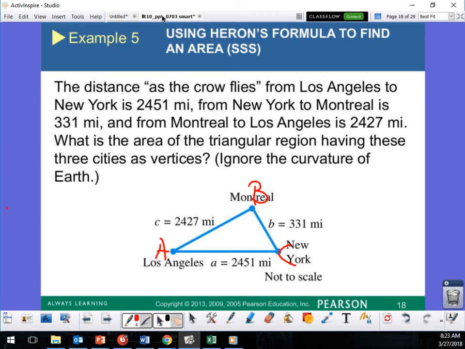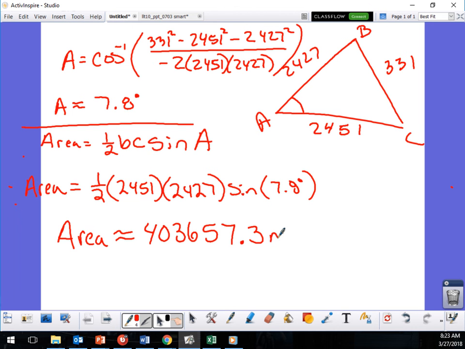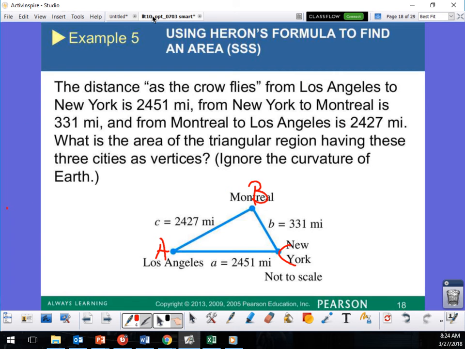These are all miles, right? So it's going to be miles squared. Very good. I'll even put a comma in here so it's easier to read. 403,657.3 square miles in the triangle of America, which is Los Angeles to New York to Montreal.